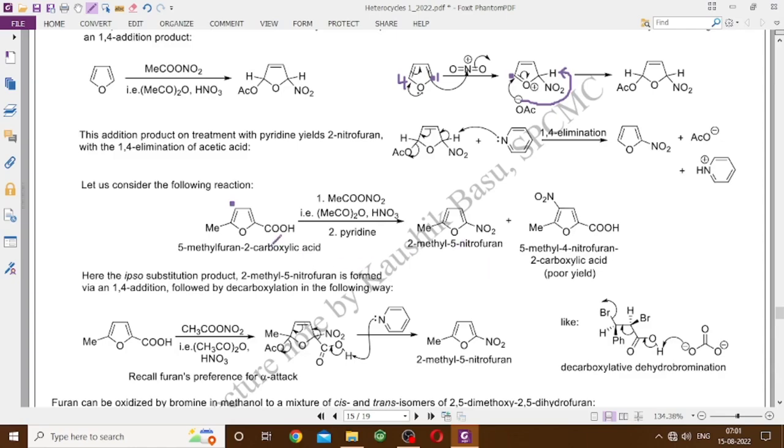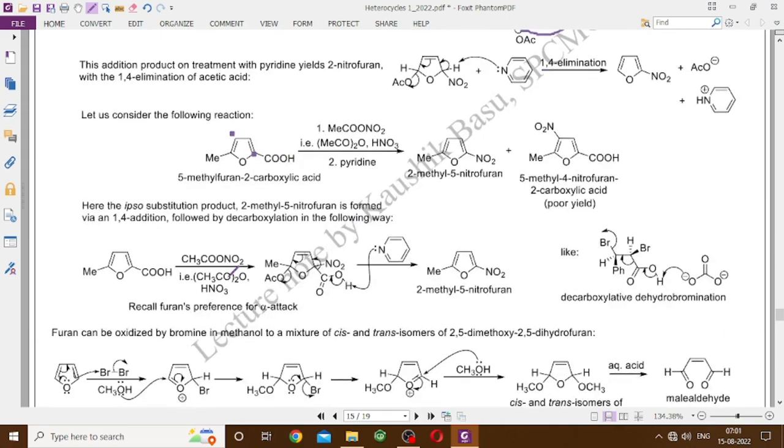The major product is ipso substitution, where we have nitrodecarboxylation. That means nitronium has included itself at this position and carbon dioxide has been lost. This reaction will involve formation of the 1,4 addition product, and only workup with pyridine will reveal the 2-methyl-5-nitrofuran.